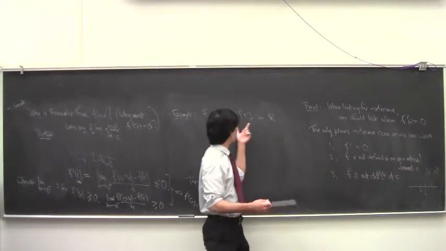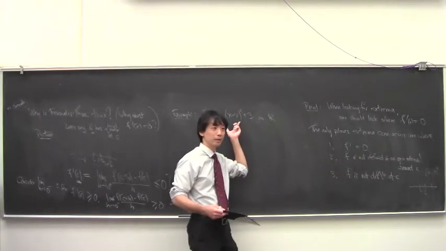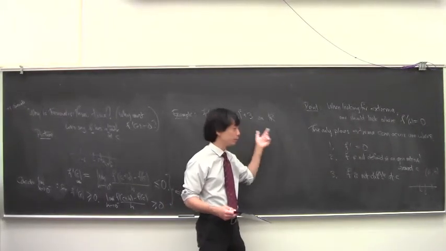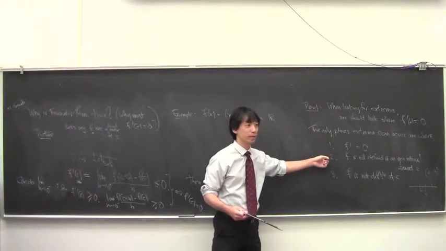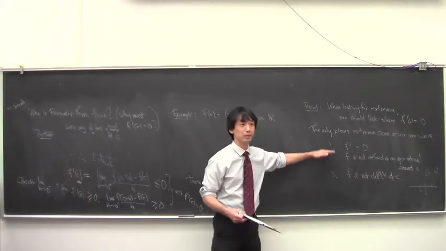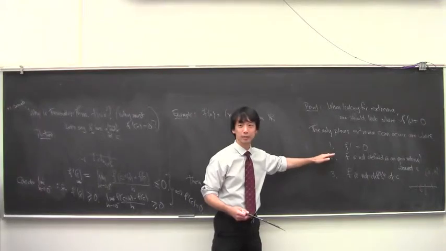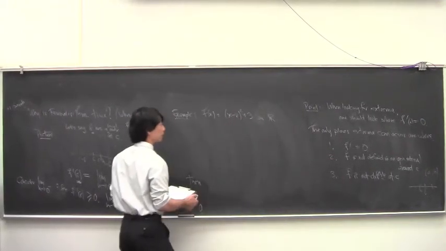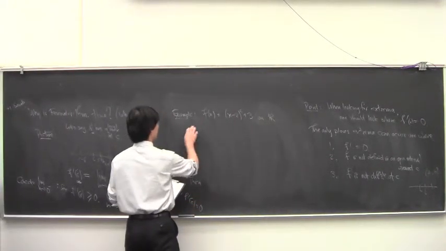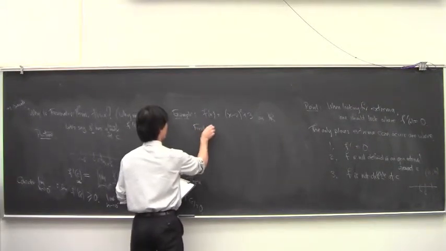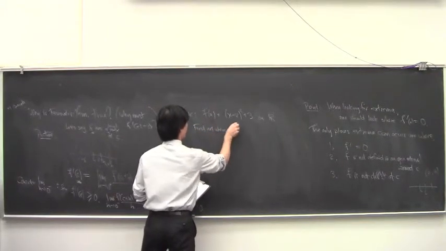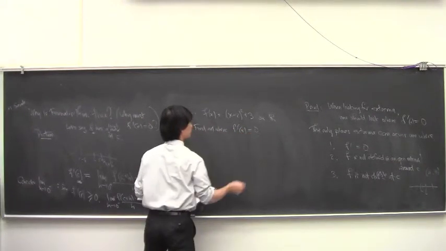Now, this function is differentiable everywhere, and it's defined on the whole line. So 2 and 3 don't exist, right? There's nothing that falls into these 2 categories. So the only thing we need to do is find out where f prime equals 0.